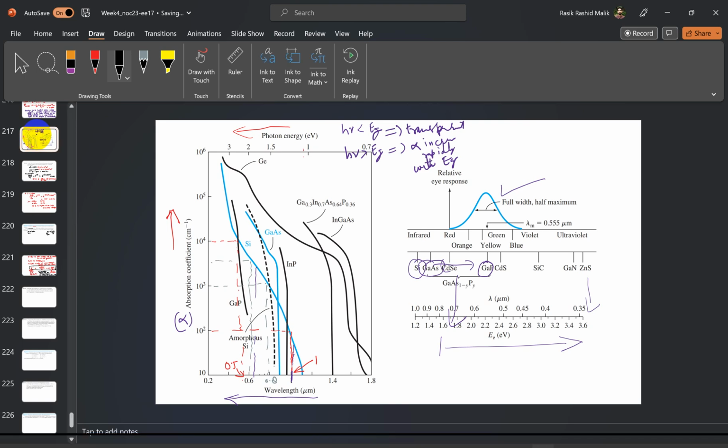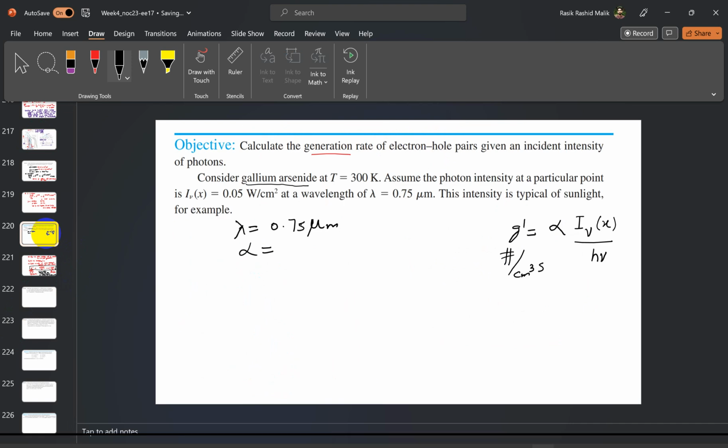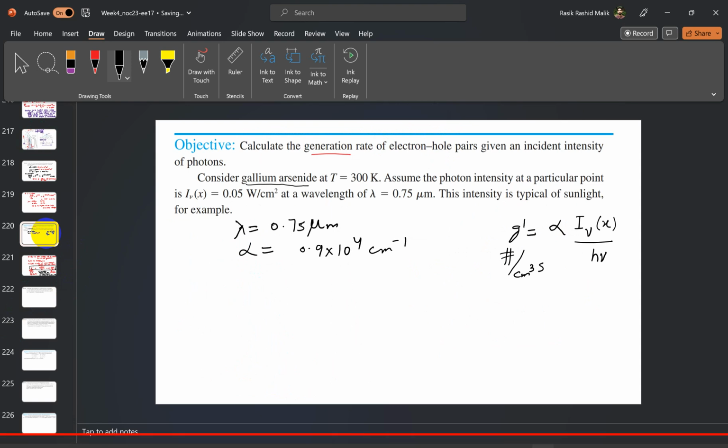For gallium arsenide, it will be somewhat close to 10 to the power 4, and if I write the actual value, it is 0.9 into 10 to the power 4 per centimeter.